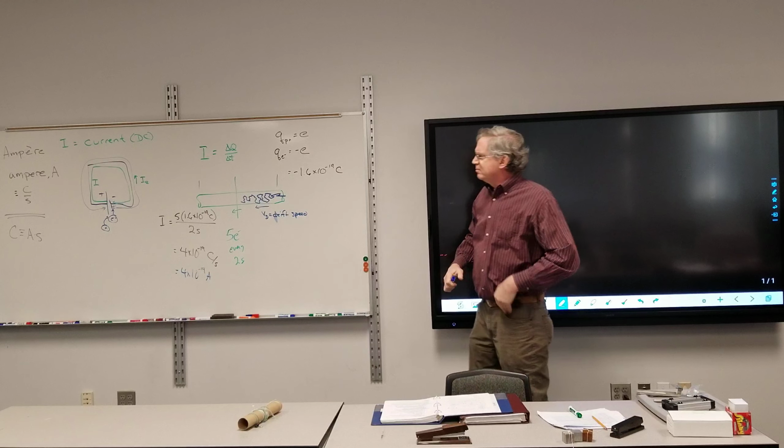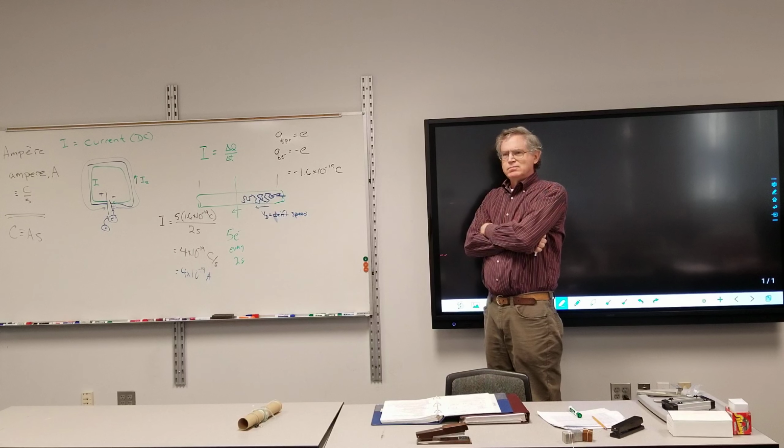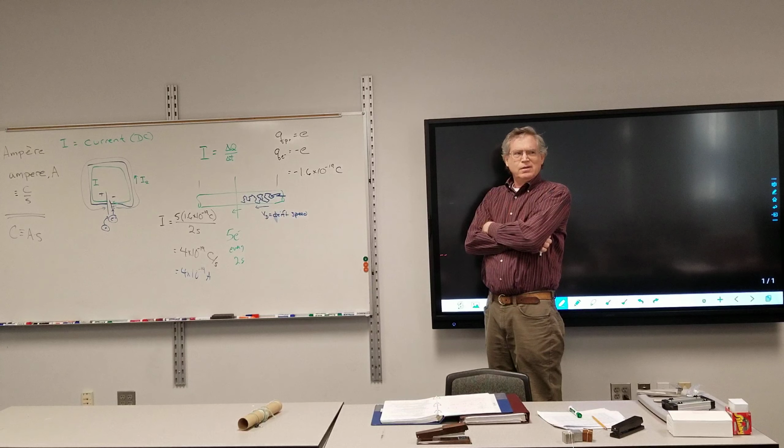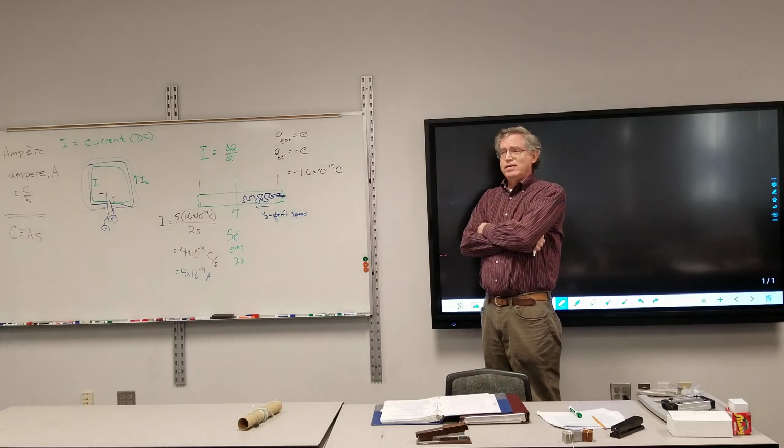The left or the right? The left. Gut feeling, or why? You are correct, it is the left side. It's the higher potential. How do you know it's the higher potential?